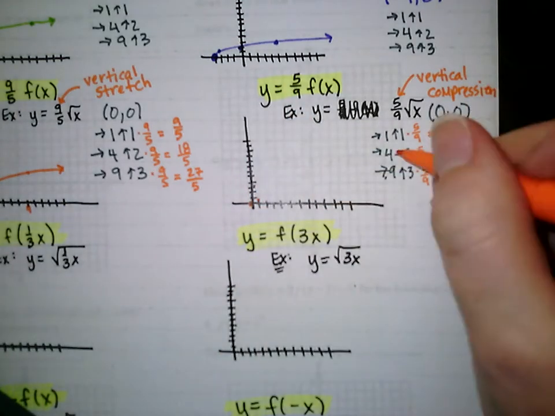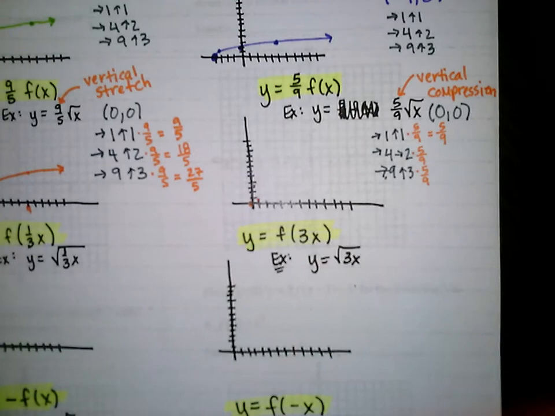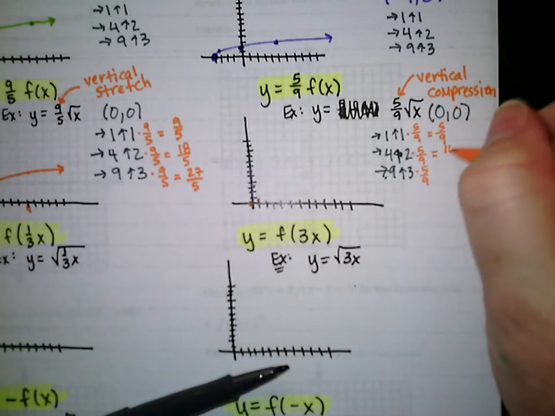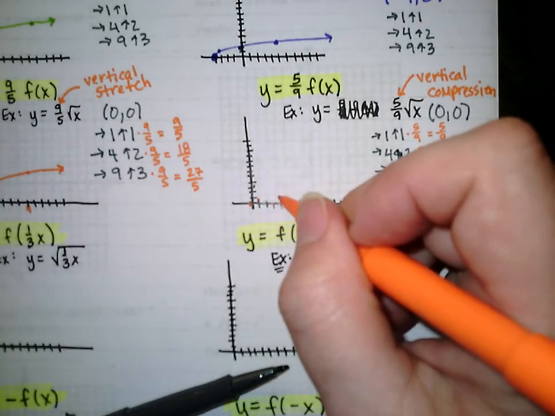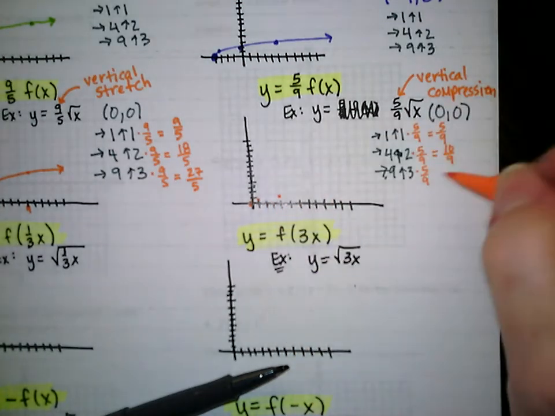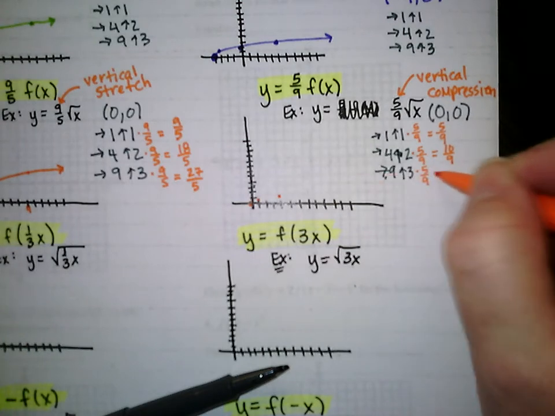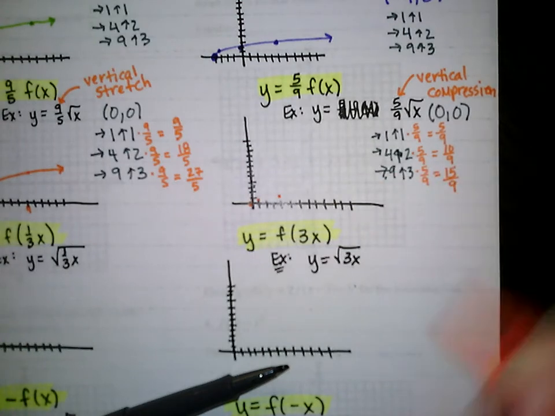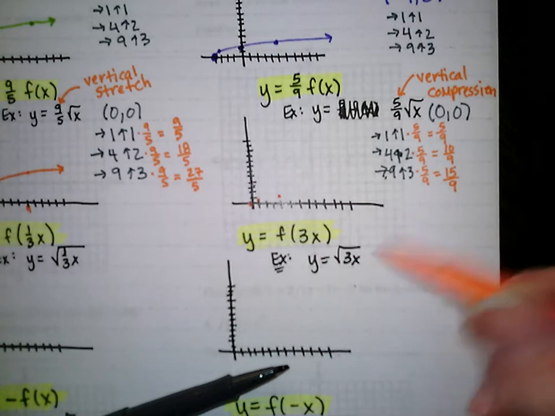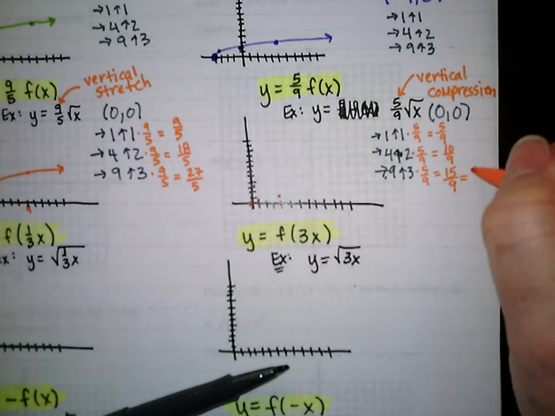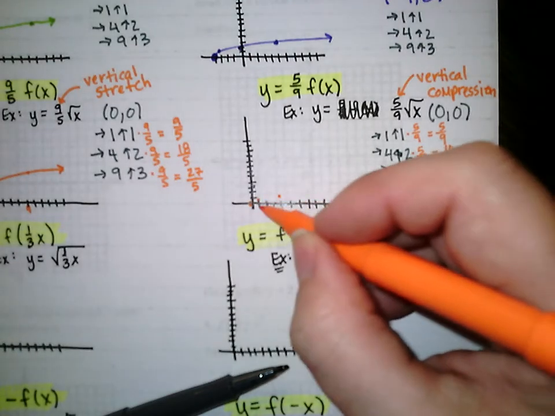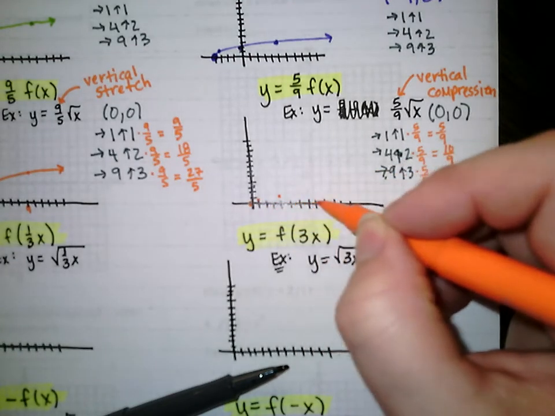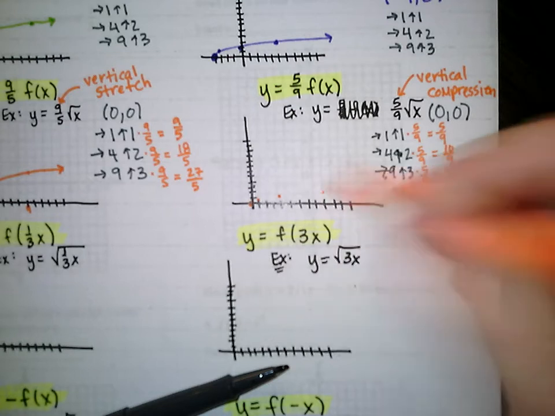And then over 4 up 10/9, which is just a little bigger than 1. And then over 9 up 15/9, which simplifies to 5/3. Close to 2, but not quite 2. So over 9 up close to 2.